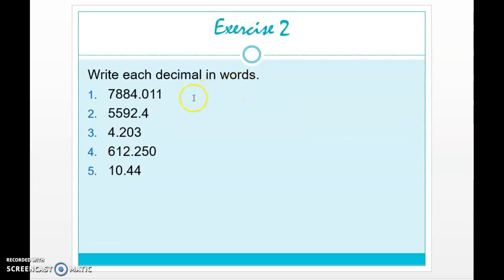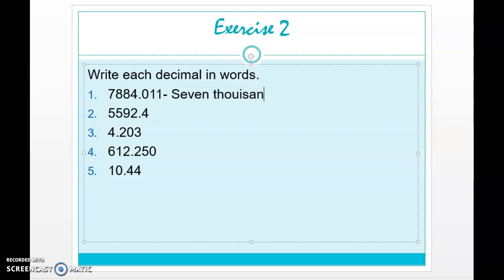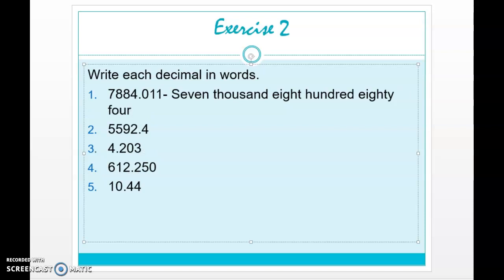Another example. Write each decimal in words. If I'm supposed to write each decimal in words, for example, 7,884 point 11, remember, we can either use point, but the best one is using "and."